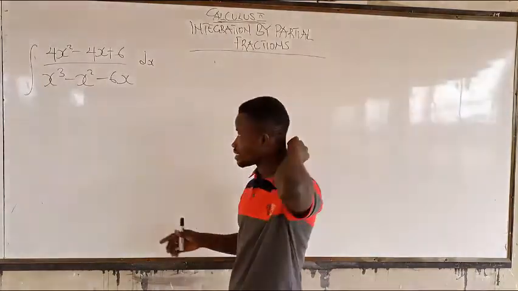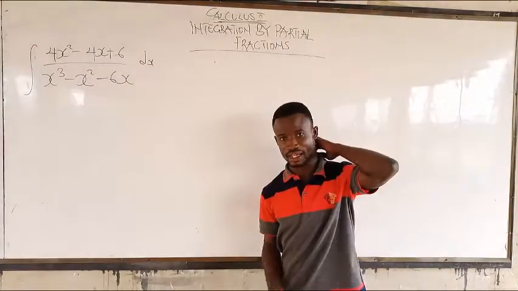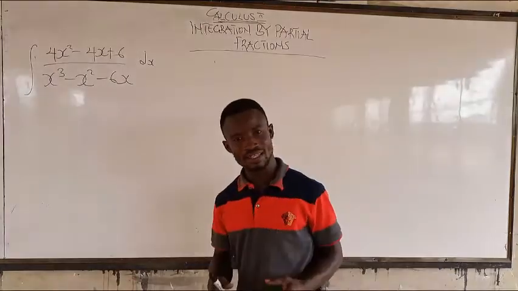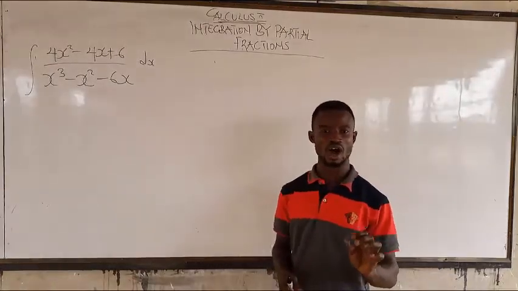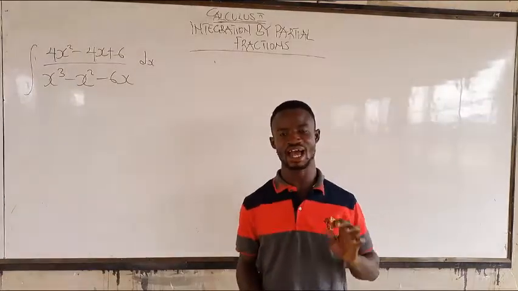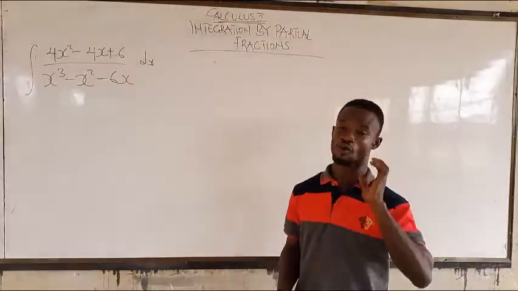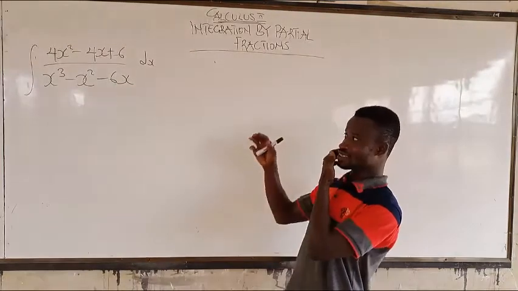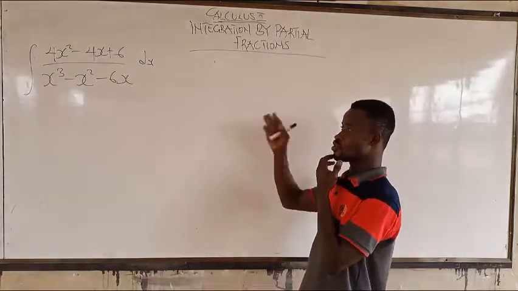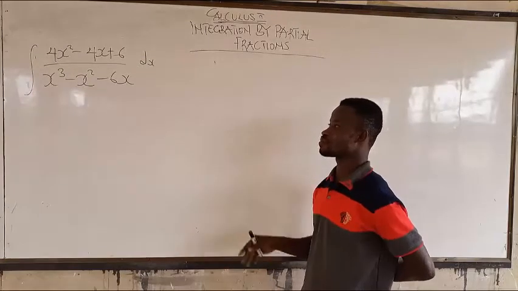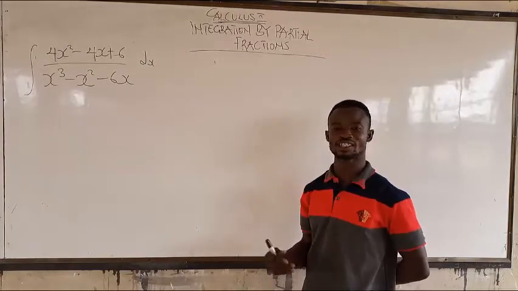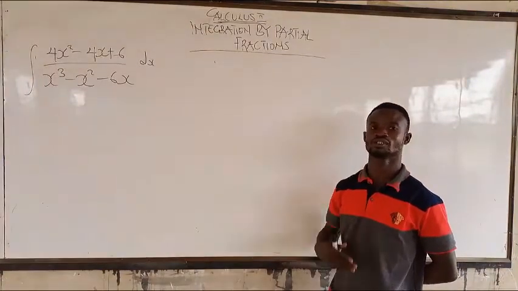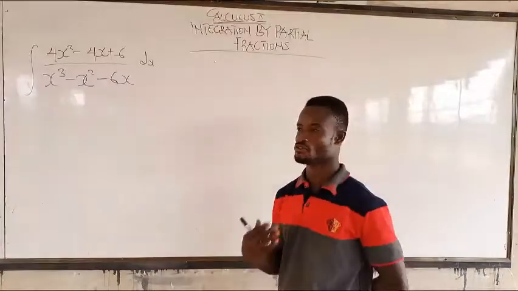You can see clearly that the first thing to check, as I said previously, is whether the degree of the numerator is greater or less than that of the denominator. So here you can see that the degree of the numerator is less than the degree of the denominator. So this can be decomposed into partial fractions.